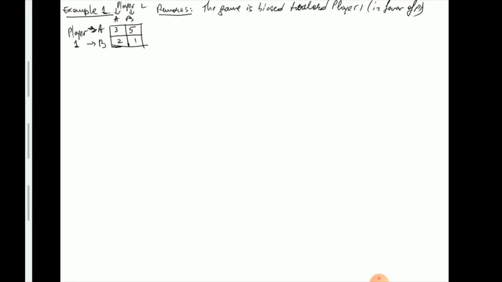However, there are still some rational things to do in this case. Player 1 wants to maximize his profit, obviously, right? So look at the entries 3, 5, and 2, 1. Obviously, that's the first remark: player 1 will always choose row 1.